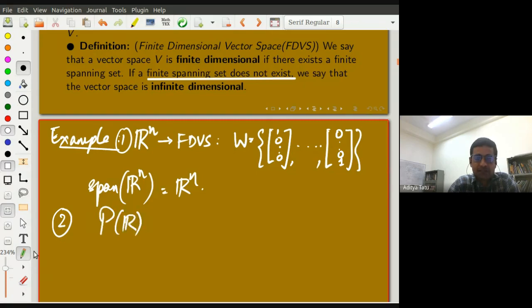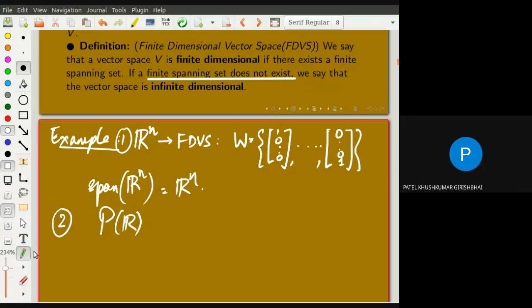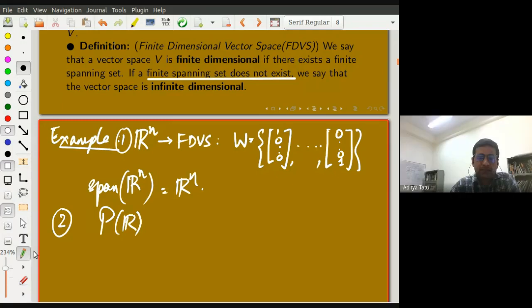How about this vector space? Is it finite dimensional or infinite dimensional? Infinite dimensional, right? Because you take any finite set of these, it will contain polynomials.